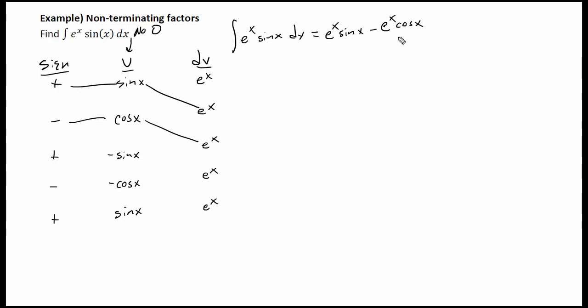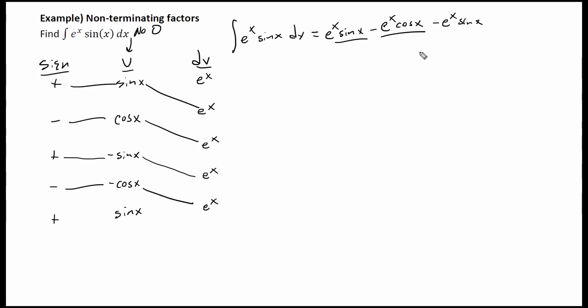Now, what we can see is if you look at the next one, if I go across and diagonal like I normally would, you're going to see that this term here is going to cancel out. And if you look over and diagonal again, this term is going to cancel out.